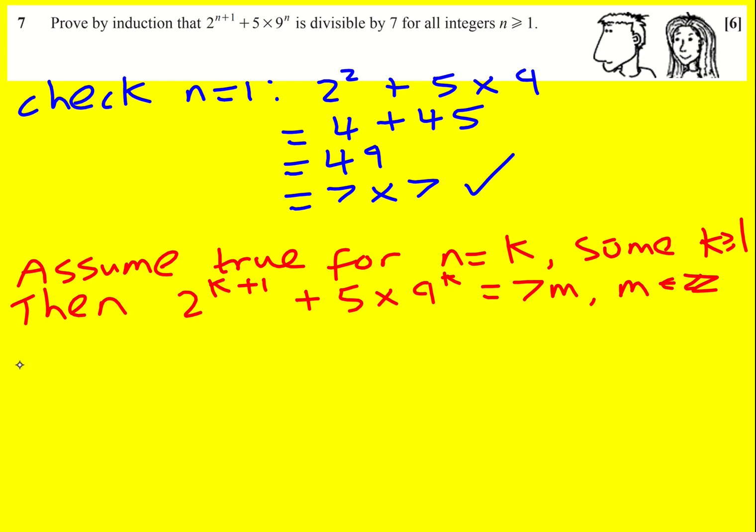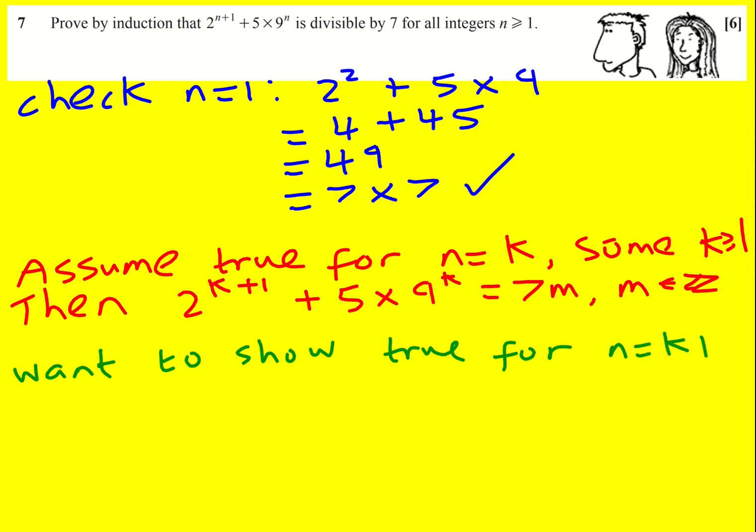Right, now we want to show, I think it's always good to say this a little bit, want to show true for n equals k plus 1, i.e. 2 to the k plus 2, because I've just replaced k by k plus 1, plus 5 times 9 to the k plus 1 equals 7p.